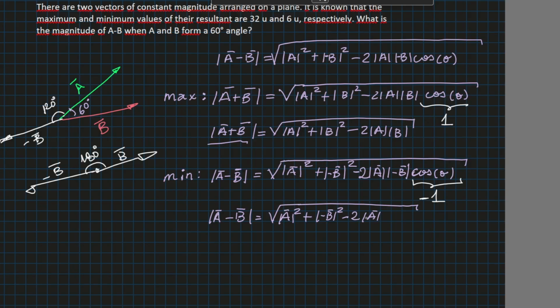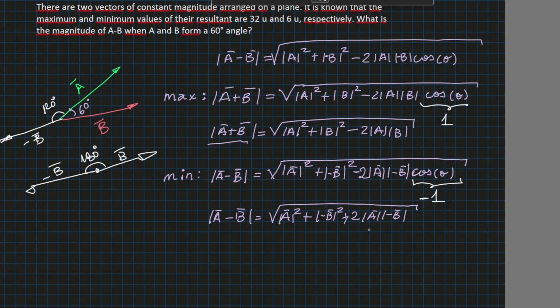The symbol of magnitudes is this bar. Minus B and minus 1. So minus times minus makes plus here.